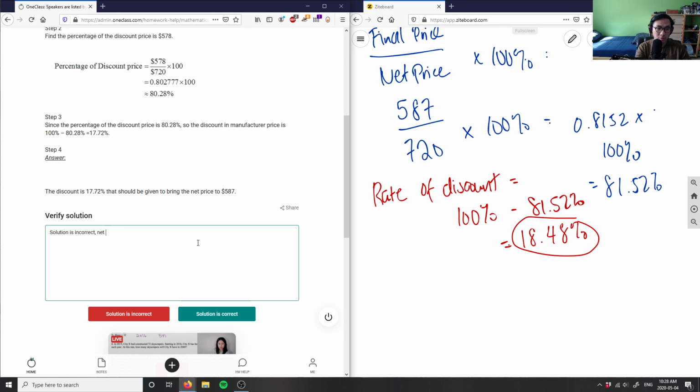Net price or discounted price is $587, not 578 like shown in your work. The discount is 18.48% to bring down the price to 587. So the solution here is incorrect.